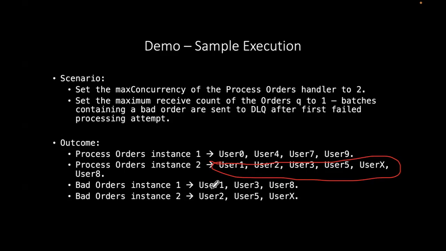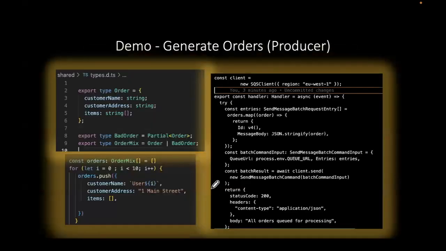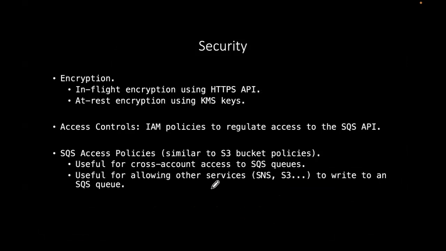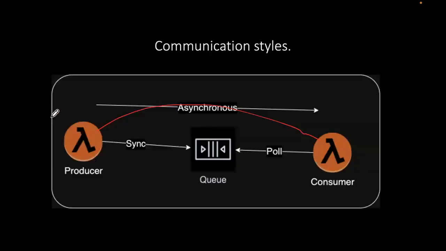Because if I go way, way back to that initial slide that I had, the lambda on the left never waits around to find out whether the lambda on the right was able to complete its processing or not. So this lambda doesn't handle any exceptions that might be thrown by this lambda. That's one of the consequences of introducing this kind of middleware.